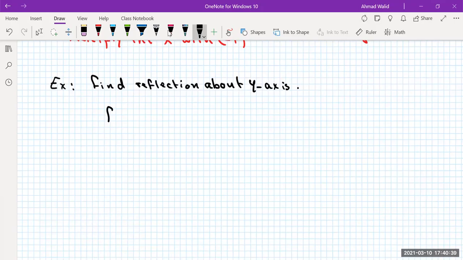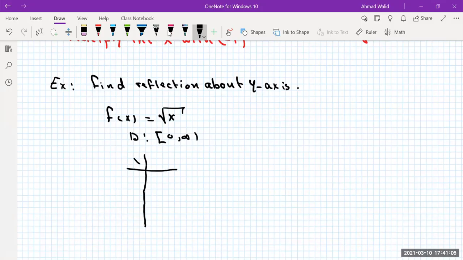The function is given: f of x equal square root of x. I want to find the reflection of this function about y-axis. The domain of this function is important for me. The domain starts from 0 to infinity. Then when I make my table, I focus only on positive numbers, at least 5 points, because you're again drawing a curve. 0, 1.